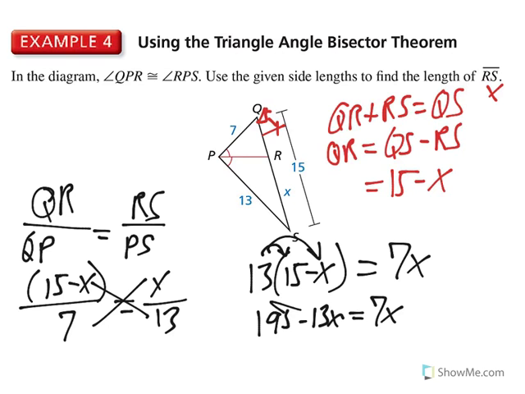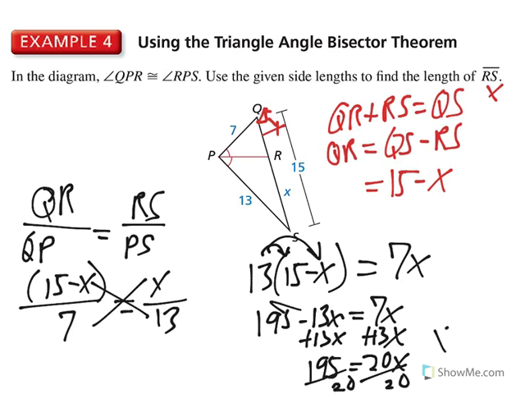And then I'm just going to keep solving. So I need to get my X's together, so I'm going to add 13X. So 195 is equal to 20X. Divide by 20. And so I get for that side length 9.75. So my RS would equal 9.75.